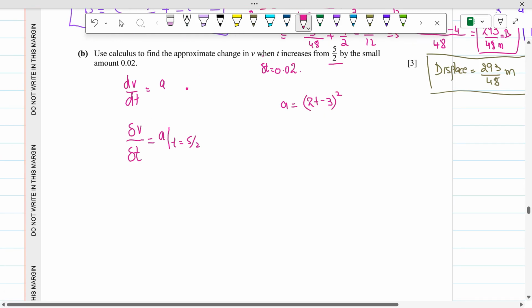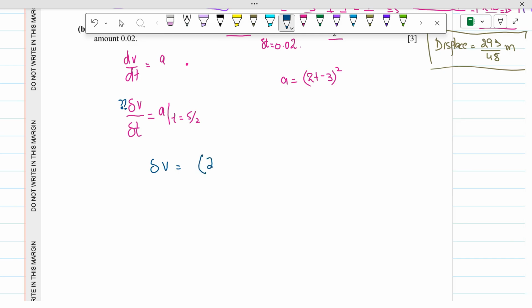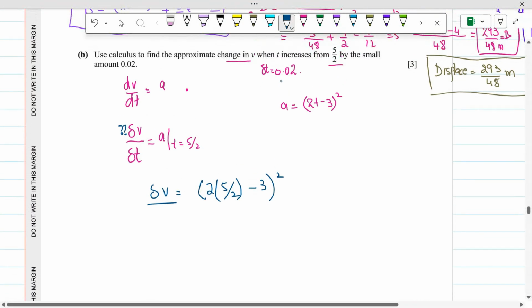We need to find the approximate change in velocity, so we need to find this value. So delta v is equal to the acceleration at t equal to 5 by 2, so (2 times 5 by 2 minus 3) whole square, times delta t, which was the minute change in time, which is 0.02.